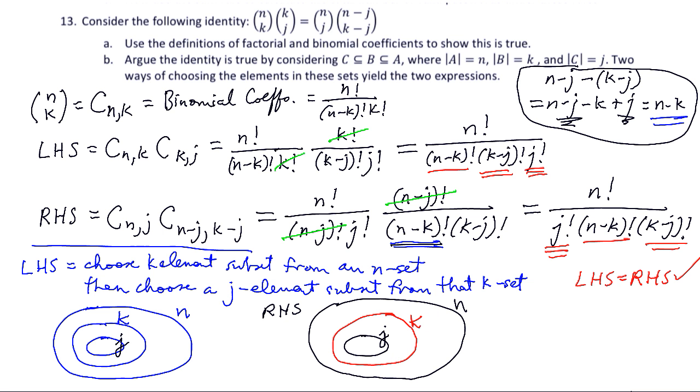And so the right-hand side is choosing out of n, j, and then choosing out of n minus j, k minus j. Okay, and so C(n, k) C(k, j). Okay, so those two are equal. It's two ways of doing the same thing. I hope you see it. It's kind of a neat thing.